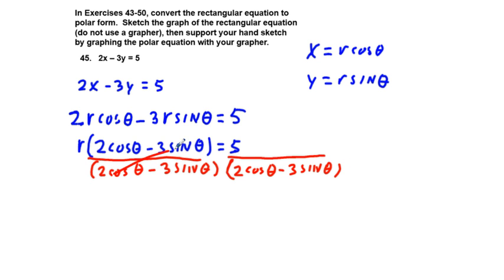So canceling on the left, we're left with r is equal to 5 over 2 cosine theta minus 3 sine theta.